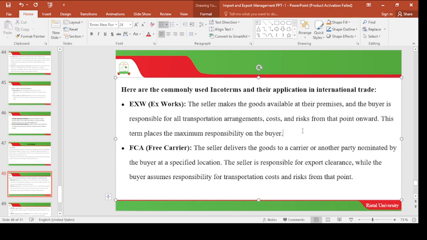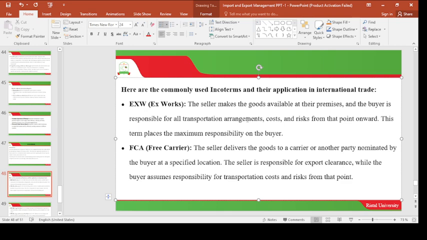Another one is Free Carrier. Free Carrier, what does that mean? If you have this term attached to your purchase, it means that the seller delivers the goods to a carrier or another party nominated by the buyer at a specified location. The seller is responsible for export clearance, while the buyer assumes responsibility for transportation costs and risk from that point.